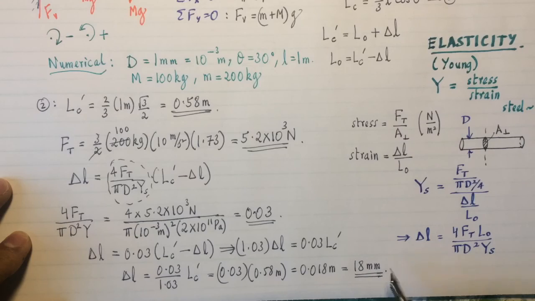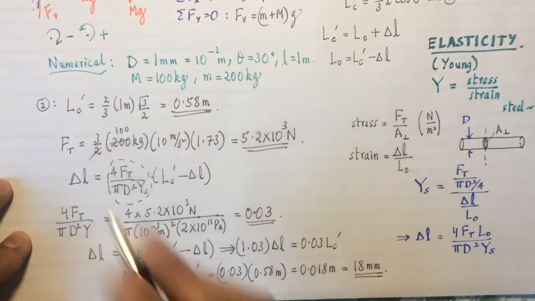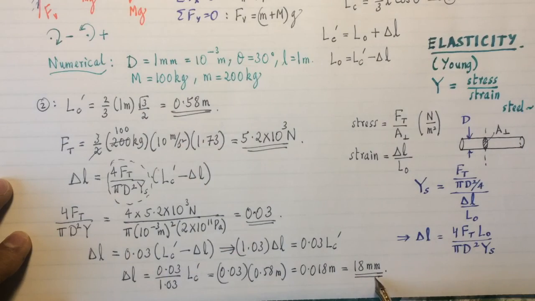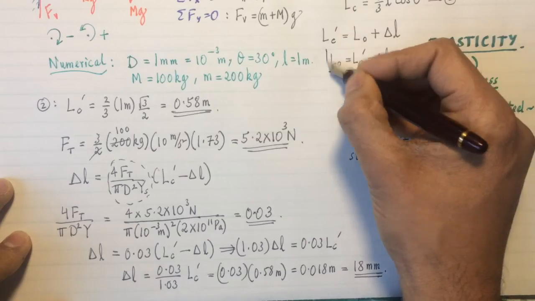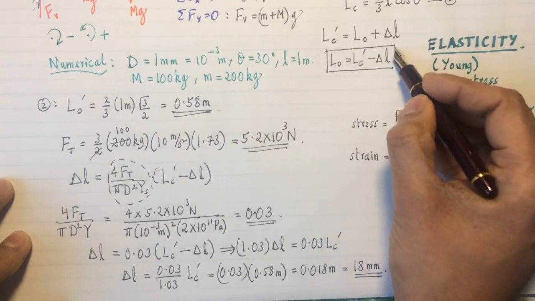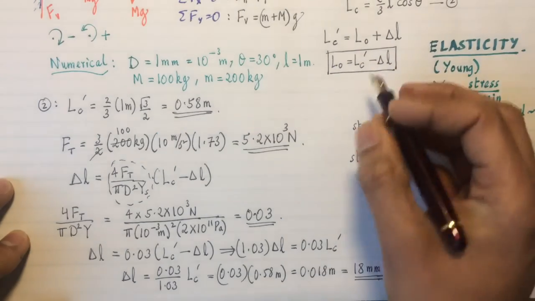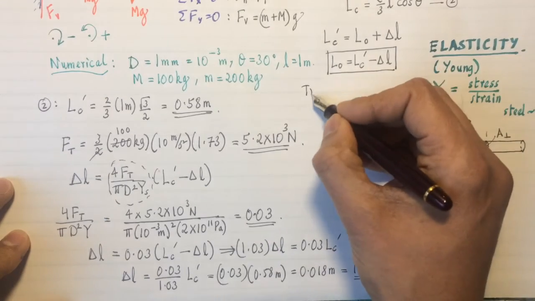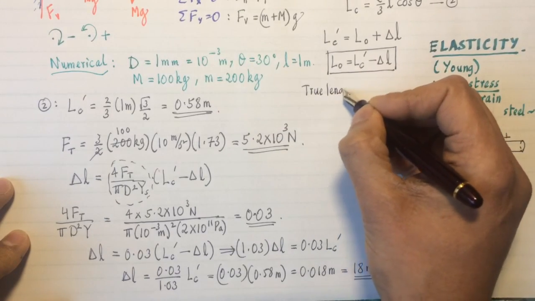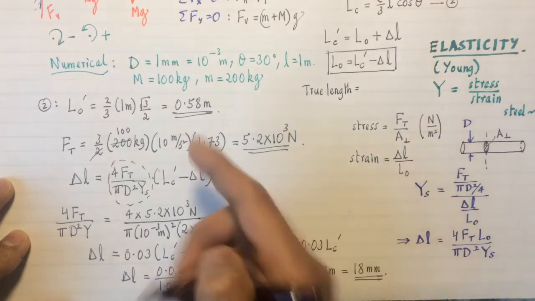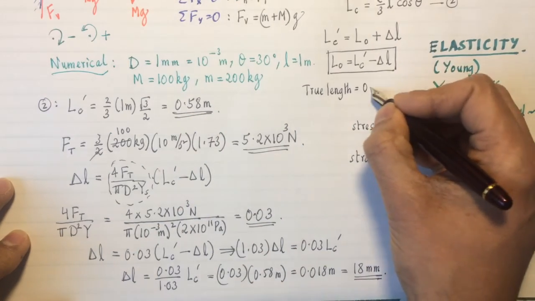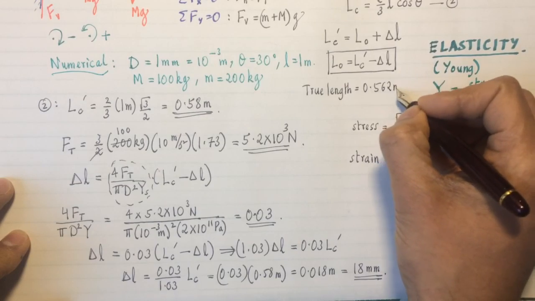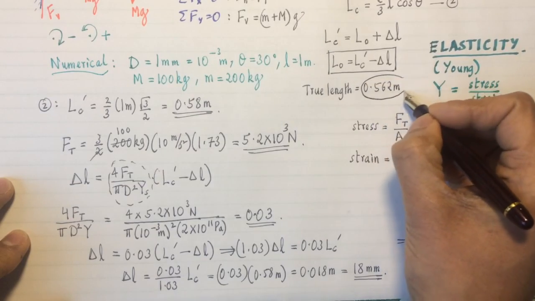And so the true length of the cable you need to use for the situation can be found by subtracting this from the actual length of the cable. So the true length will be 0.58 minus 0.018, or 0.562 meters. So that's the answer to our puzzle.